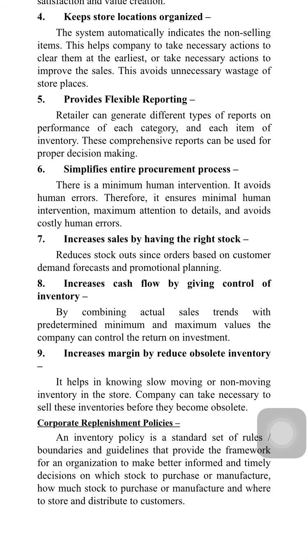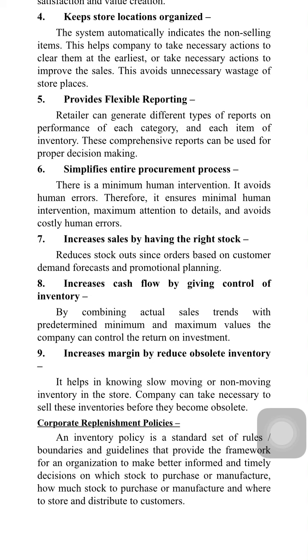reporting. Next one is simplifies entire procurement process. In the sense, minimum human intervention is only needed here. It avoids human errors. This leads to good and effective methods of doing things.